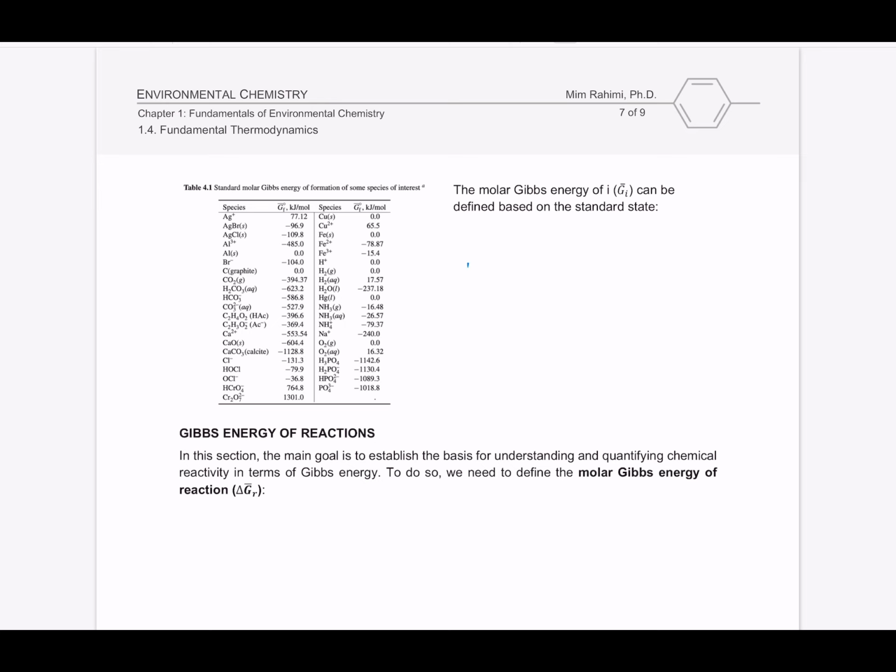For GI per mole at any condition would be equal to GI at the standard condition per mole plus RT ln of the activity deviation of I compared to the activity at the standard condition.